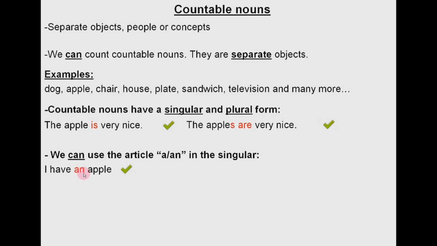And we say an with an N because the noun starts with a vowel. Another example, he served me a sandwich. And this time we just say a because the noun does not start with a vowel.